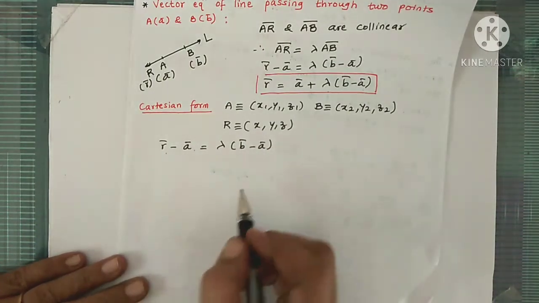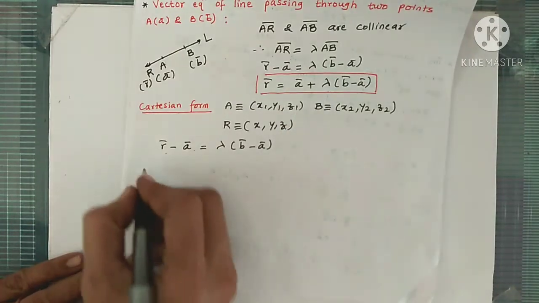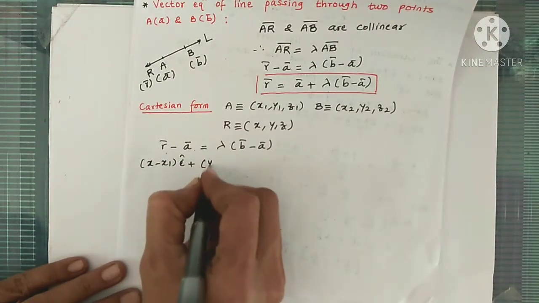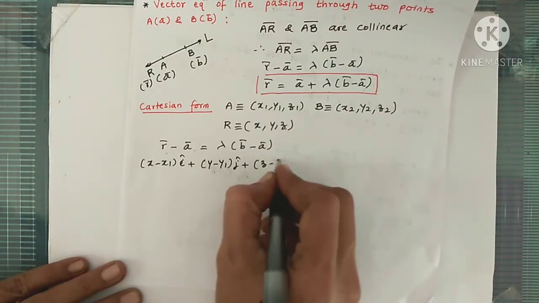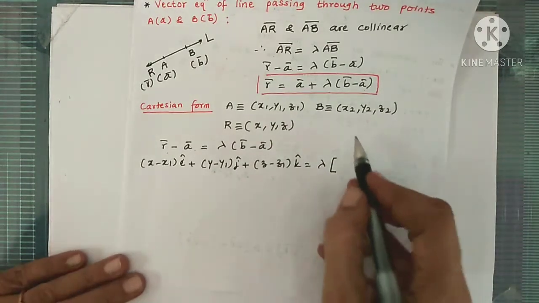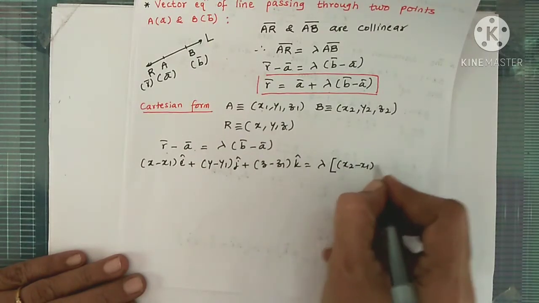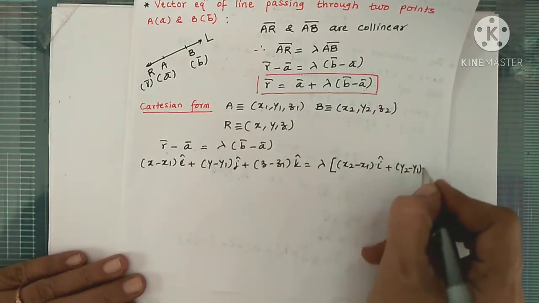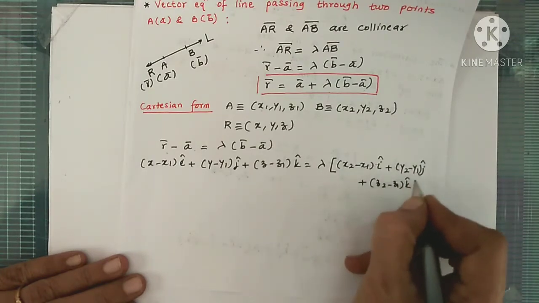So R bar minus A bar gives us x minus x1 i cap, y minus y1 j cap, z minus z1 k cap. Lambda into B bar minus A bar, that is x2 minus x1 i cap plus y2 minus y1 j cap plus z2 minus z1 k cap.